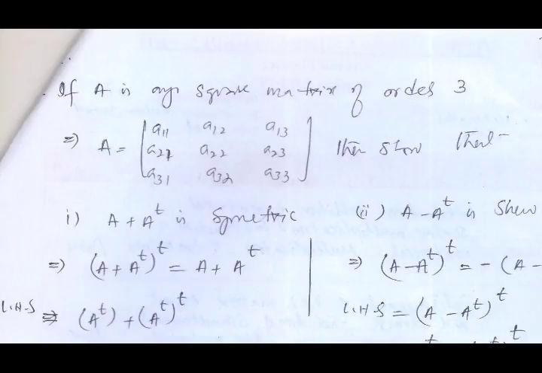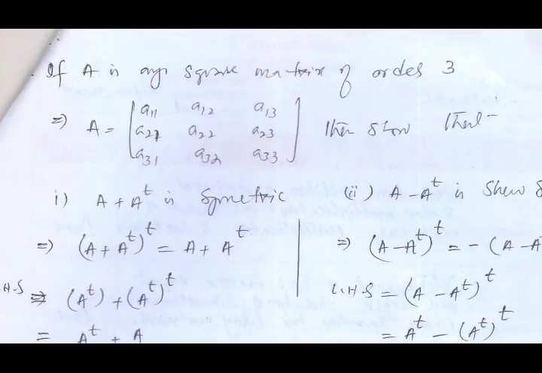In this question we show that A plus A transpose is symmetric, where A is a matrix of order 3. In a matrix of order 3, the elements are like A11, A12, A13. Order 3 means 3 rows, 3 columns. And A21, A22, A23, and A31, A32, and A33.